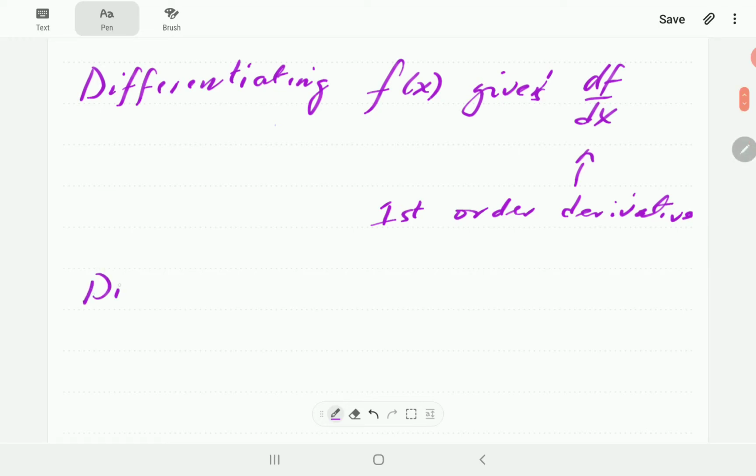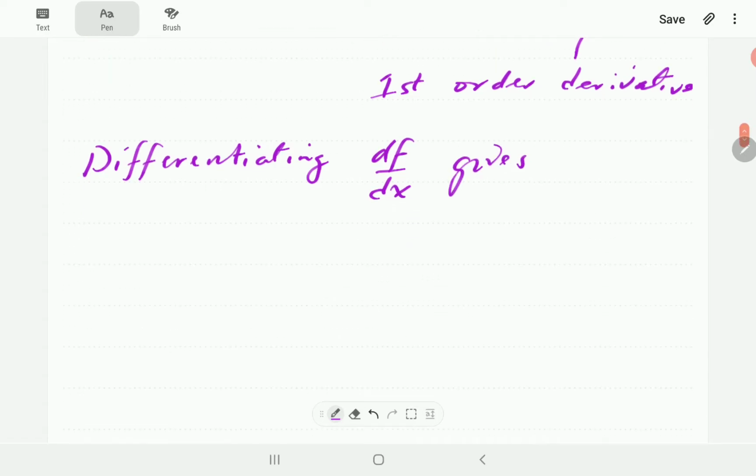So if we differentiate df dx, then we are going to get a second order derivative. Differentiating anything with respect to x means working on it with the operator d dx.